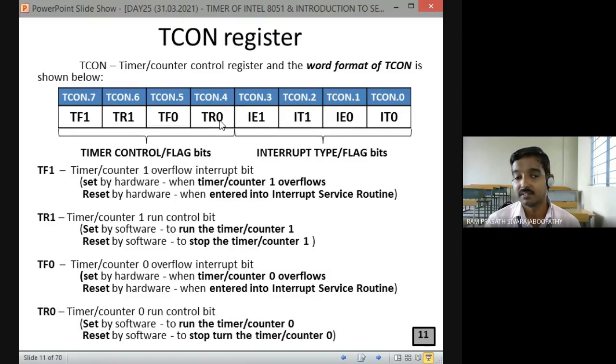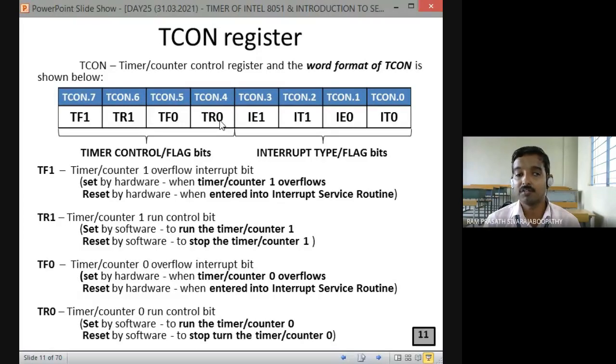Yes. So which register do I want to configure? Which register must I use to configure the timer or counter? Can you type it in the chat? Yes, very good. To control the operation, to run or stop it, which register should we use? Yes, TCON.